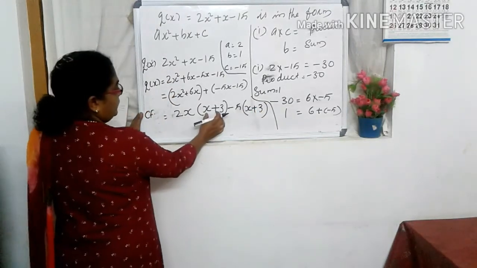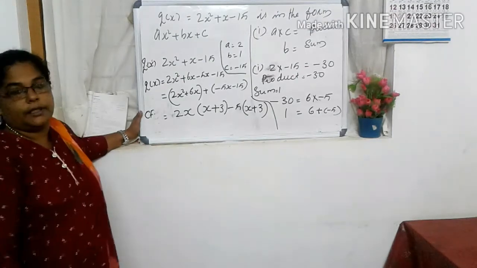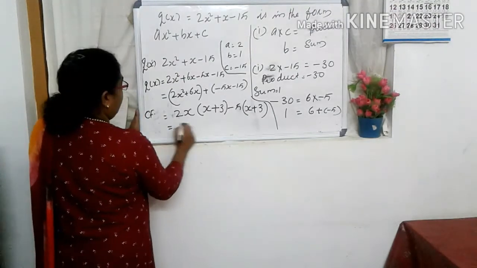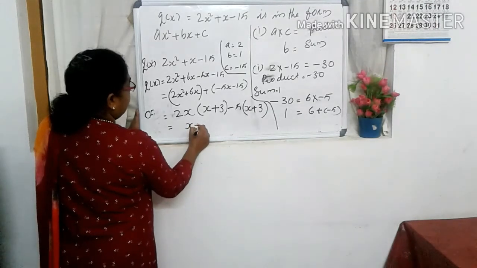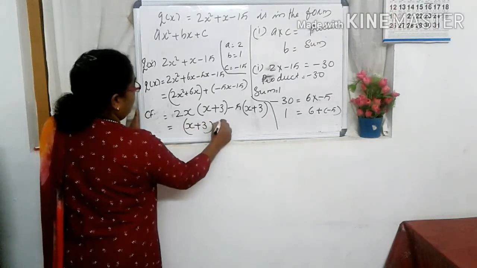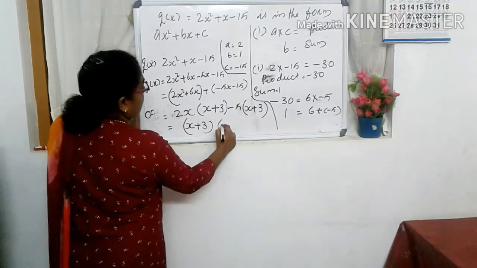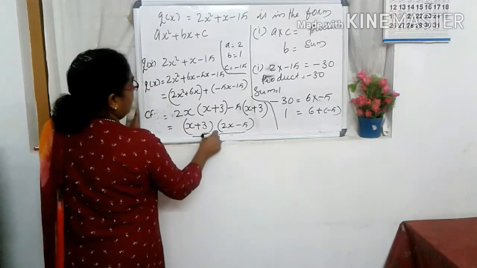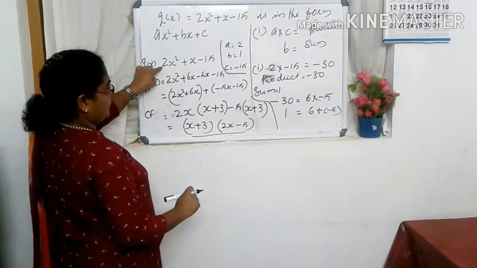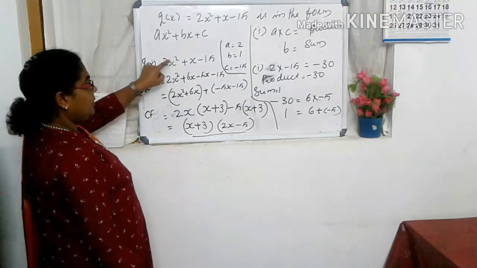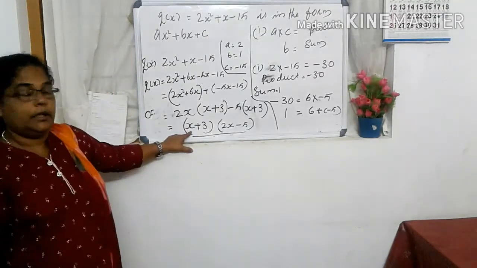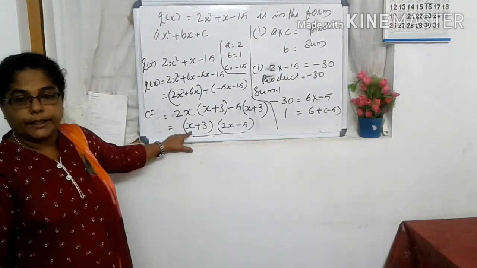Okay. Now x plus 3 and x plus 3, same factors we are getting. So again CF one time. Now x plus 3 into, what is remaining here? 2x minus 5. So these are the factors of q of x: 2x square plus x minus 15 is equal to x plus 3 into 2x minus 5.